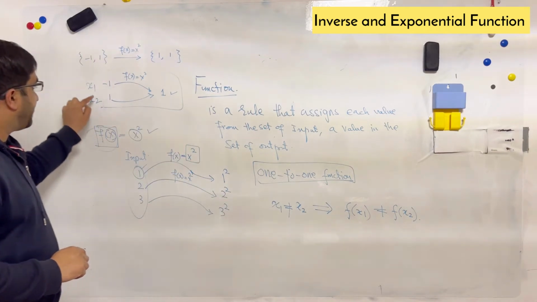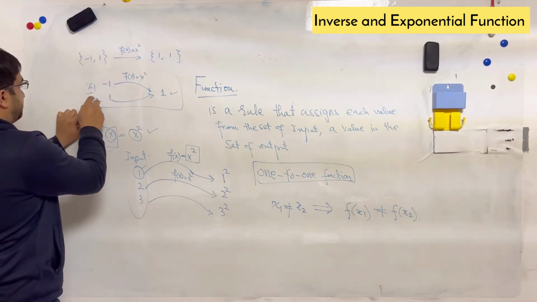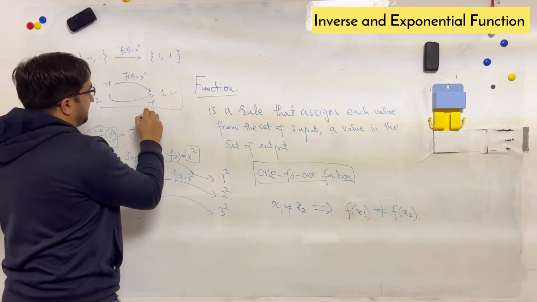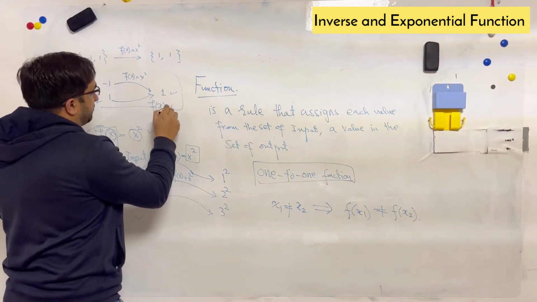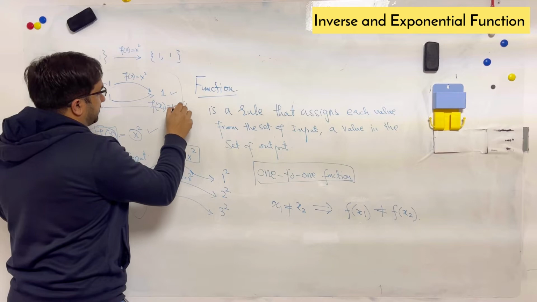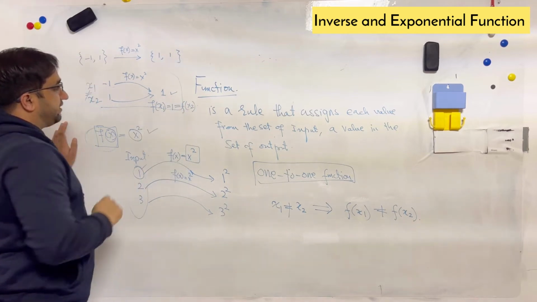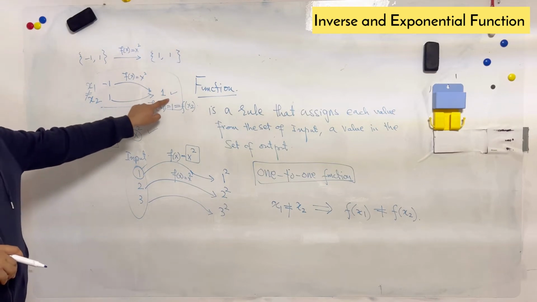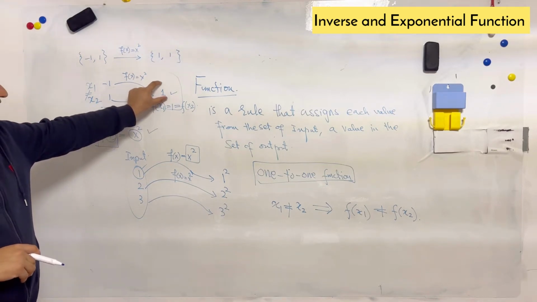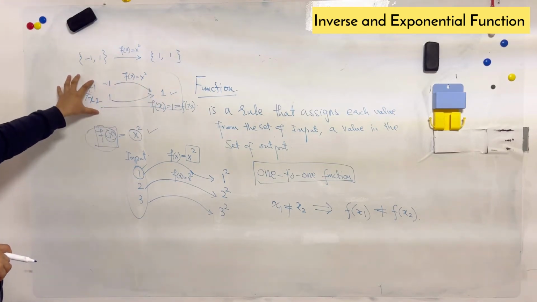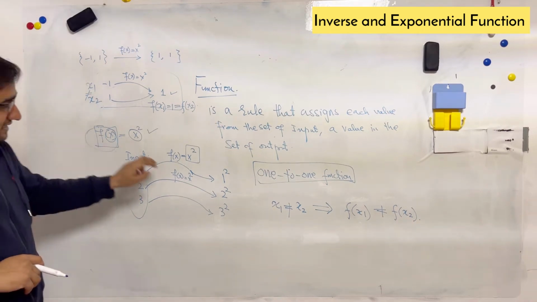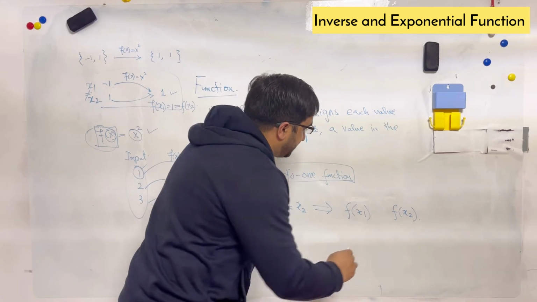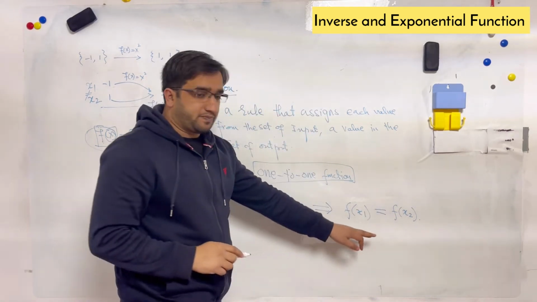You see, x1 is not equal to x2, but f of x1 is equal to 1, which is also equal to f of x2. When you process x1, you get 1. When you process x2, again you get 1. So the output is the same for both these inputs. Means x1 is not equal to x2, but f of x1 is equal to f of x2.